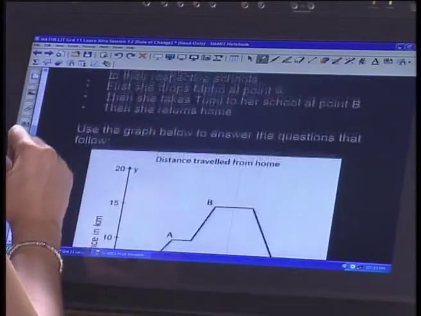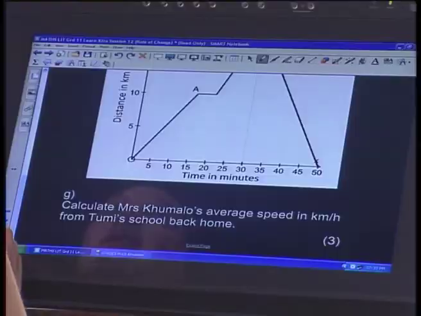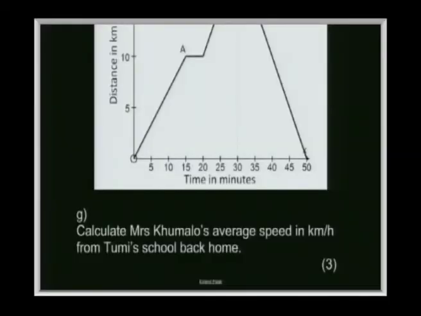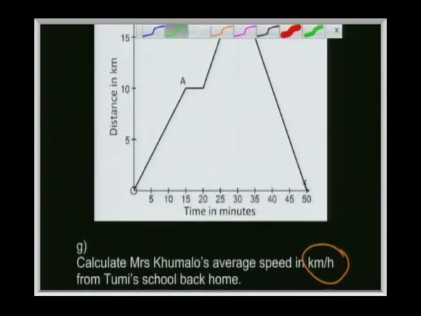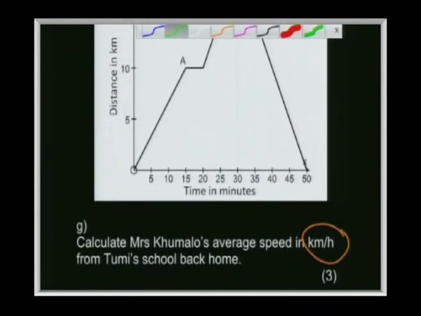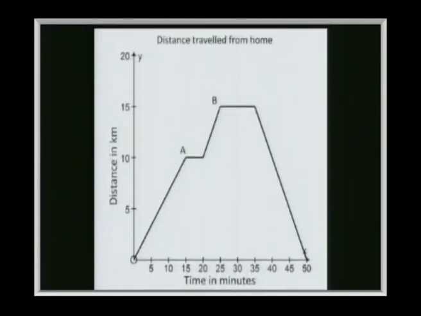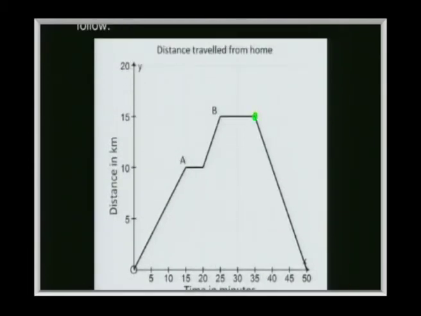Let's look at our next question. G. This is another average speed question. Calculate Mrs. Khumalo's average speed in kilometers per hour from Tumi's school back home. So let's have a look at our graph again. Don't forget that Tumi's school is at point B, and over here, this is where she leaves Tumi's school and starts going home.